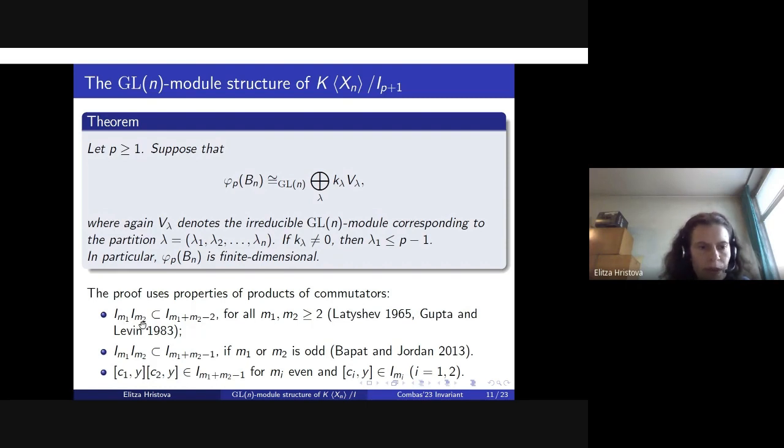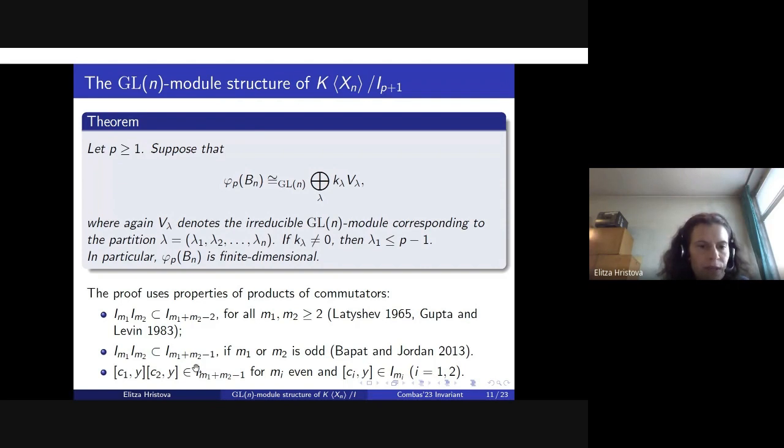If the two integers m_1 and m_2 are arbitrary, then this is included in the T-ideal generated by commutators of length m_1 plus m_2 minus 2. And if one of the integers is odd, then we have a better inclusion. So we are included in a smaller ideal, the ideal generated by commutators of length m_1 plus m_2 minus 1.